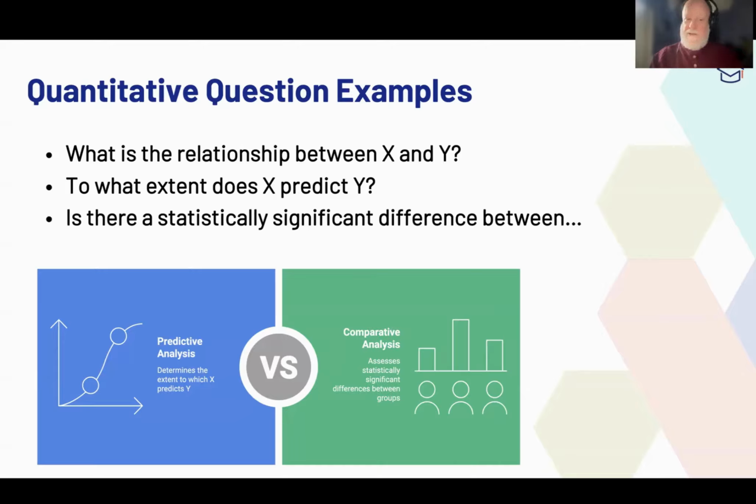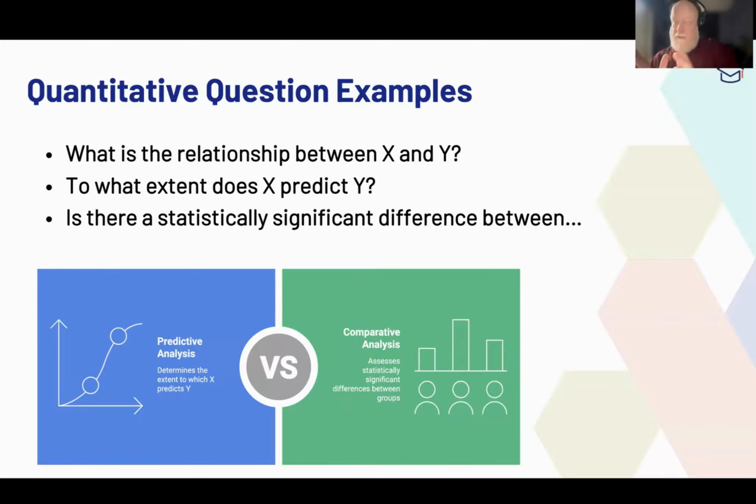So quantitative questions may look at relationships. So if your research question has the word relationship in it, I might think that you're doing a multiple regression or a correlational study. Or if it says, does this predict this? That may say, oh, you want to predict. That's what we do with regression analysis.